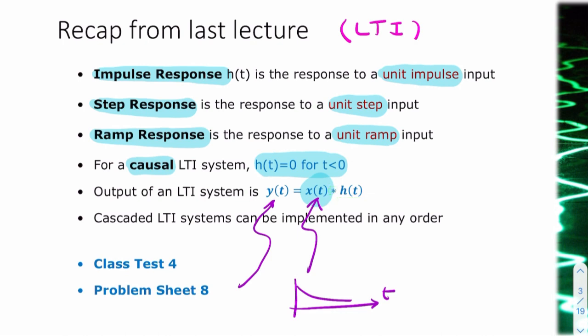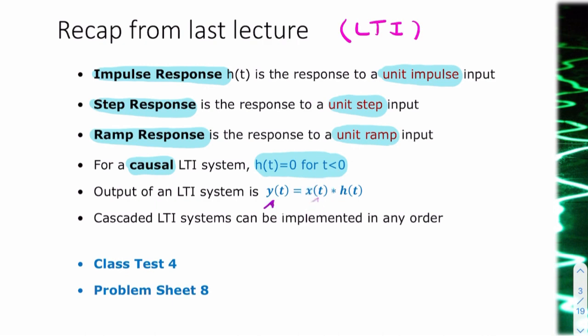Now I say simply because mathematically all it is is a convolution. But if you're not inclined to carry out convolution integrals, or if the convolution integral is particularly lengthy and tedious, then today we'll look at an easier way to do this. We will be looking at how to find the output of an LTI system for an arbitrary input while knowing the impulse response without needing to carry out a convolution integral.